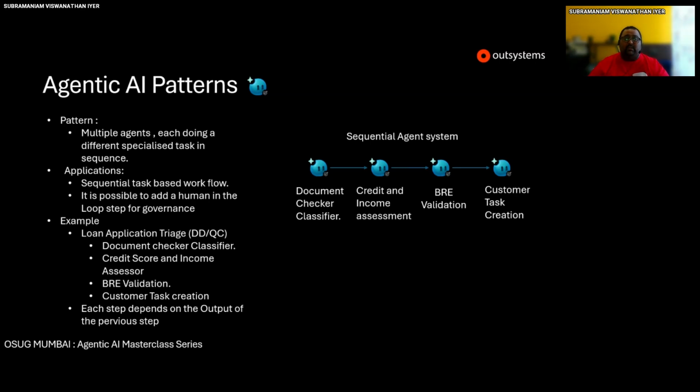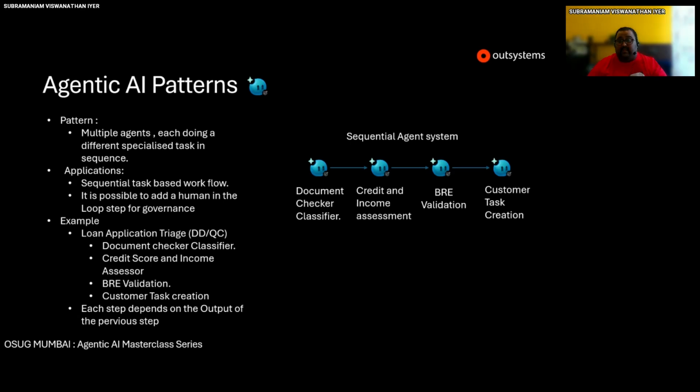For example, let's assume that the applicant has uploaded a whole bunch of income documents, bank statements, salary slips. The document checker and classifier will analyze those documents, extract the key data sets from them, and pass them on to the credit and income assessment agent.